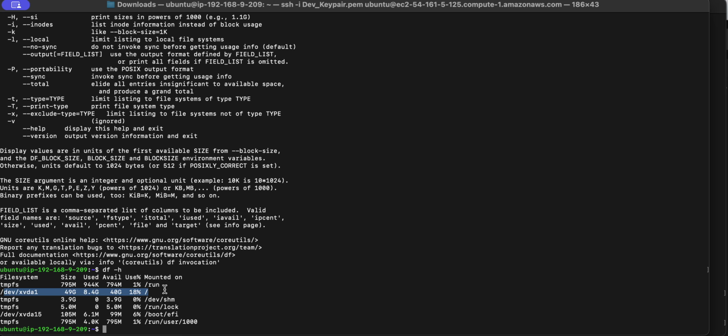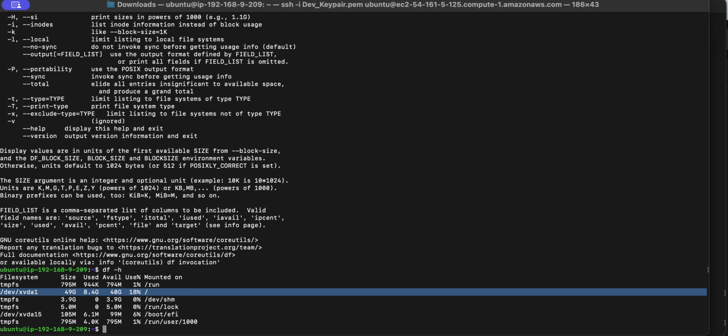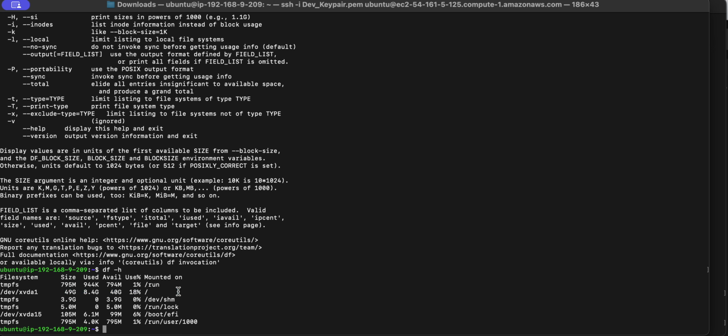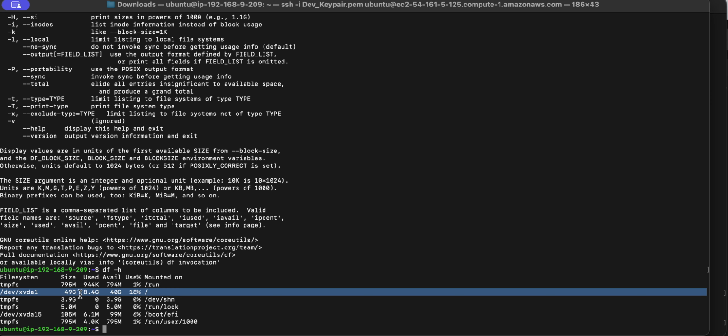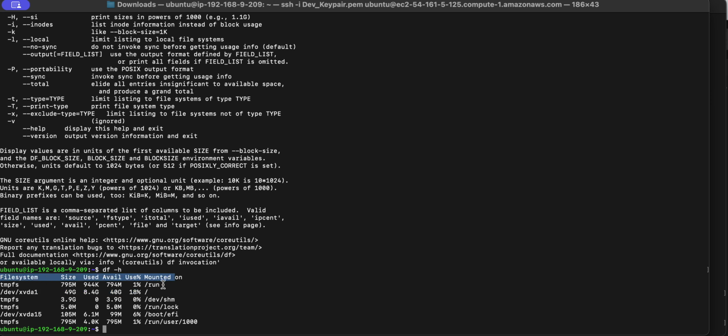If it is mounted on slash, or any folder which you want to mount, then it is for your use. By default it will be on slash. The others are used by the OS. This is the one: the file system /dev/xvda1, size 7.5 GB, which is for our use.